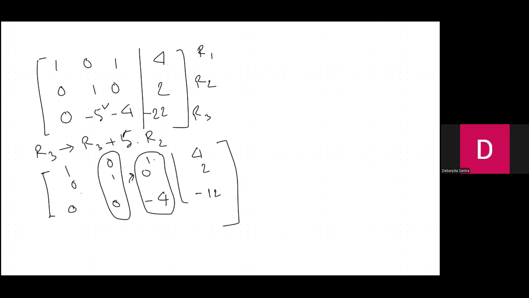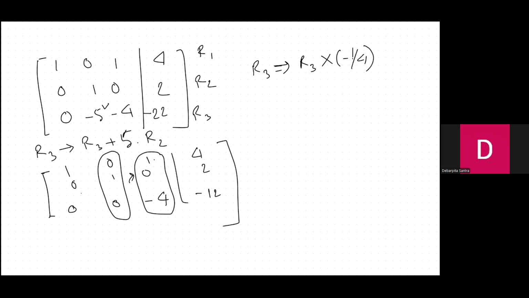So, how to make this 1? If we divide it by minus 4, this will become 1. So, divide means we have to make R3 equal to R3 into minus 1 by 4.